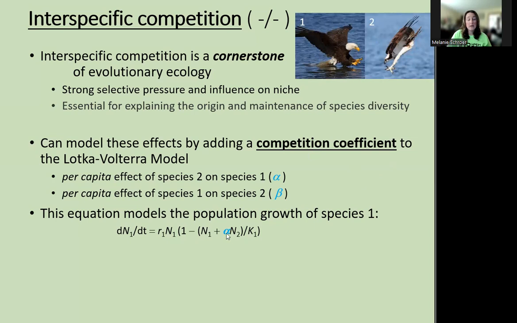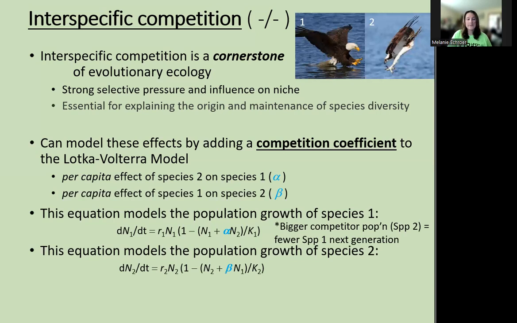So the per capita effect times the number of osprey ultimately influences how many individuals are added to or taken from the population of bald eagles next year. Essentially, the bigger the competitor's population, the fewer of species 1, the bald eagles, there are going to be in the next generation.